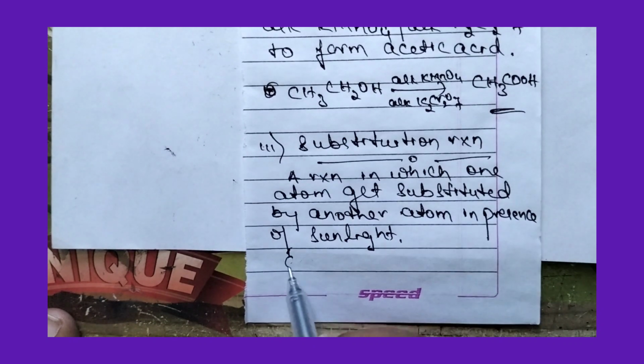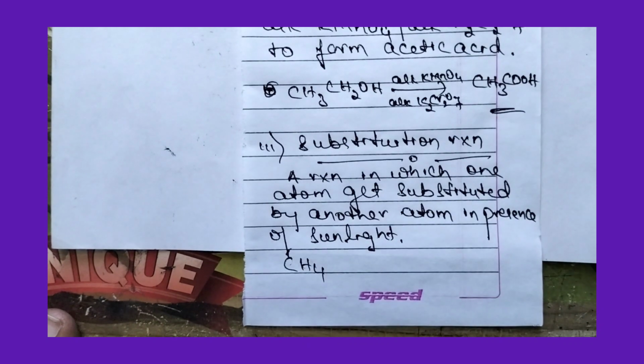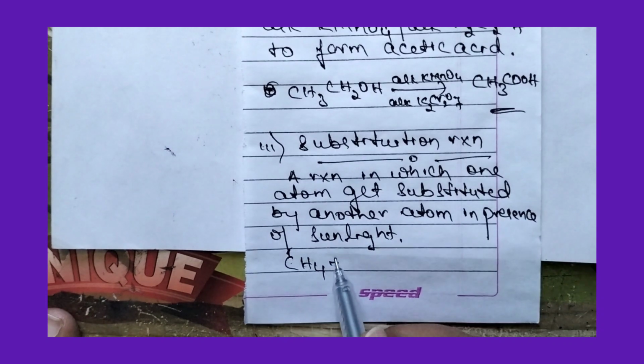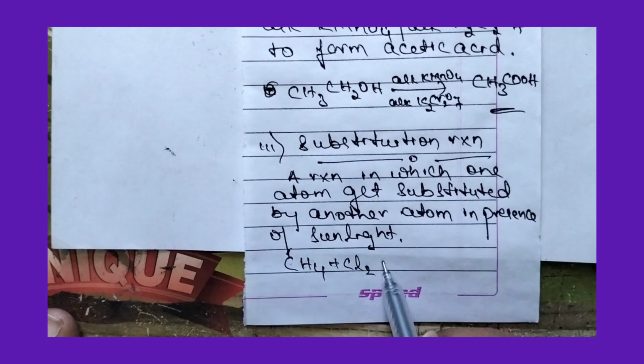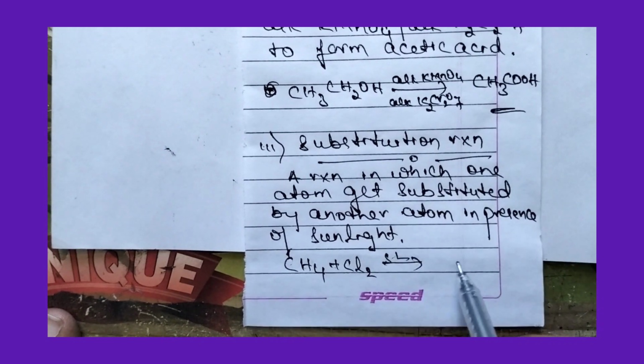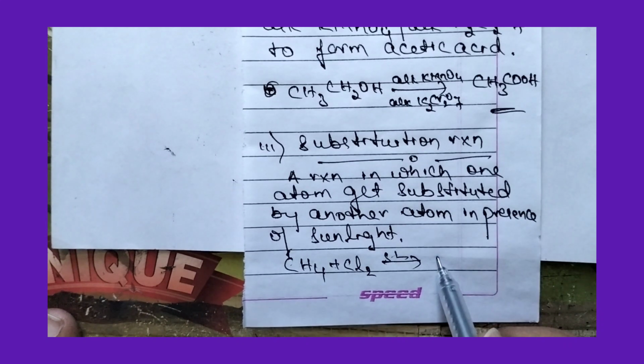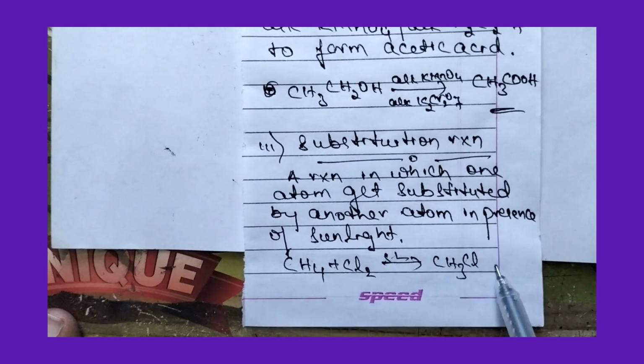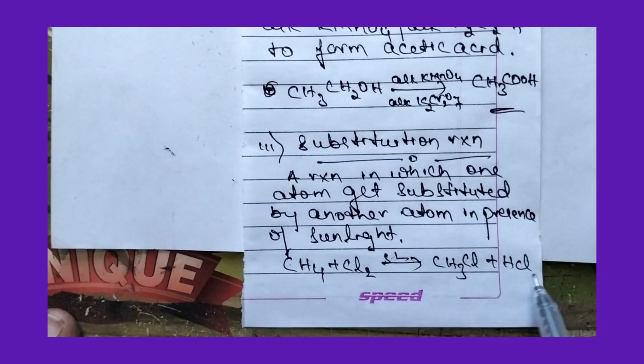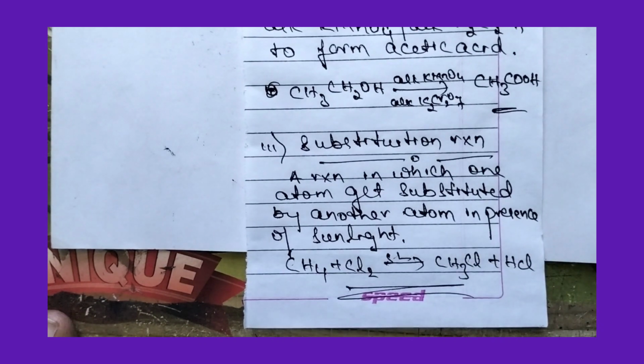Now let us take an example for substitution reaction. That is, methane when it reacts with chlorine in presence of sunlight forms chloromethane, that is CH3Cl, plus HCl. So this is an example for substitution reaction.